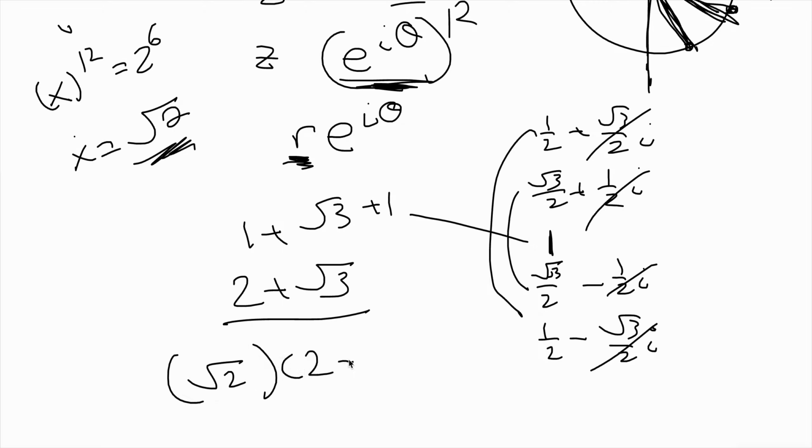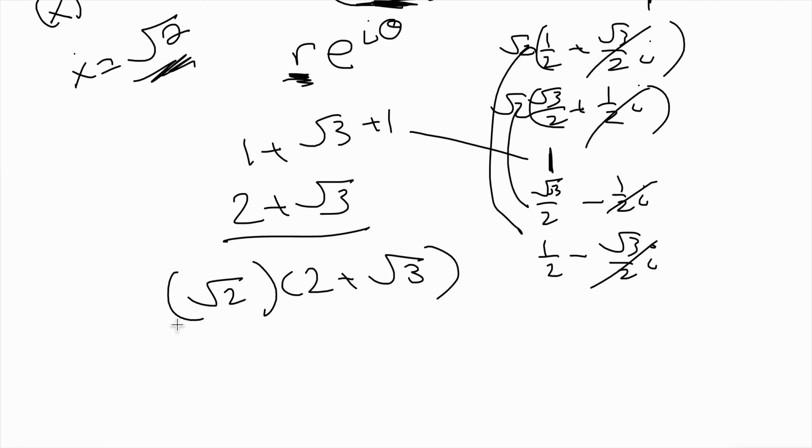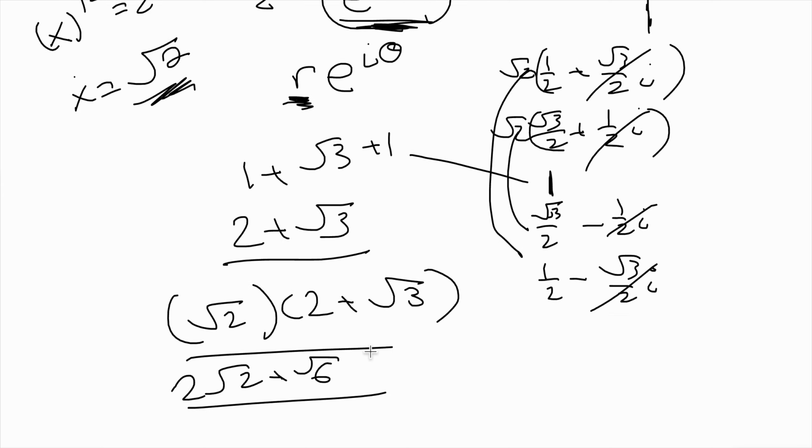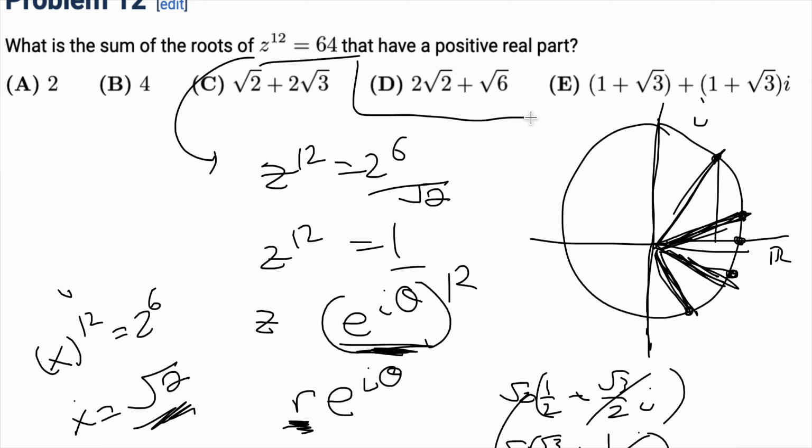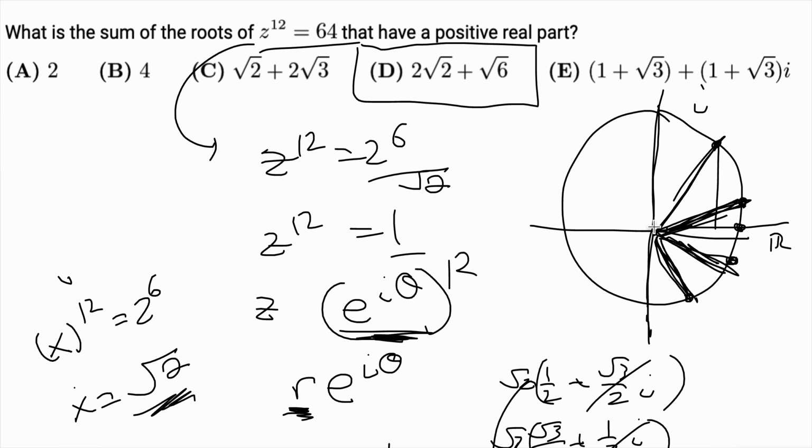The reason we can do this is basically just the distributive property, because technically each of these is root 2 times this. I'm sort of just factoring out that root 2, then summing these, and then multiplying it back. And so this is the final answer: 2 root 2 plus root 6. That's their answer right there. So pretty easy problem, just a trivial application of the unit circle and roots of unity.